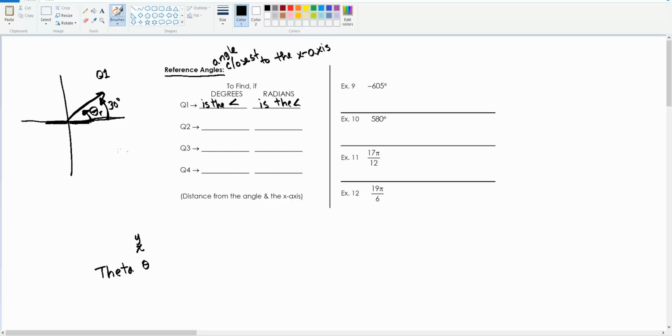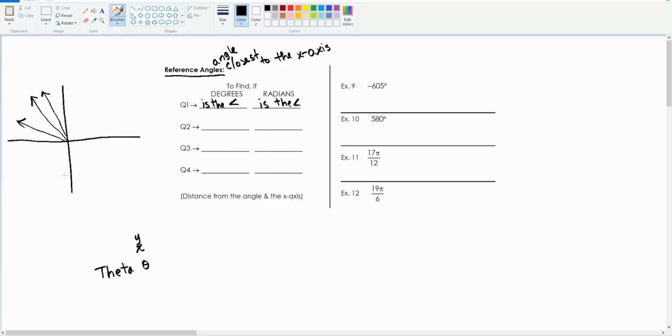All right, let's talk about quadrant 2. If you have an angle in quadrant 2, then it's going to look like this. And of course, it can look like this, or it can look like this.